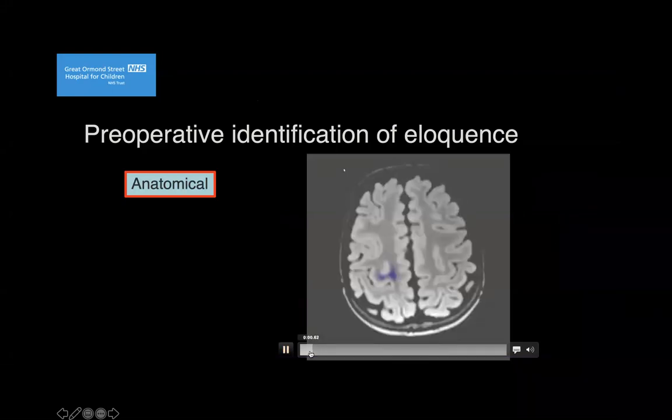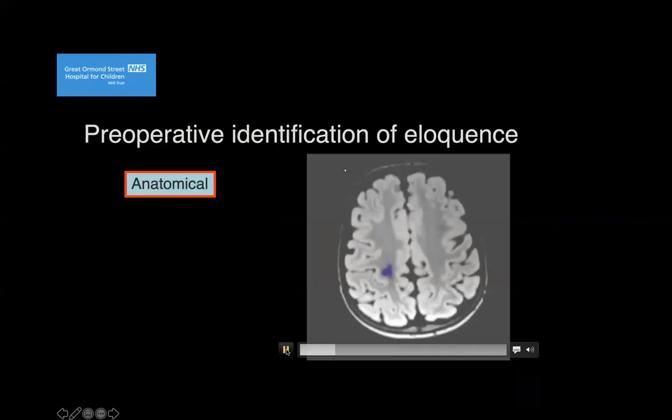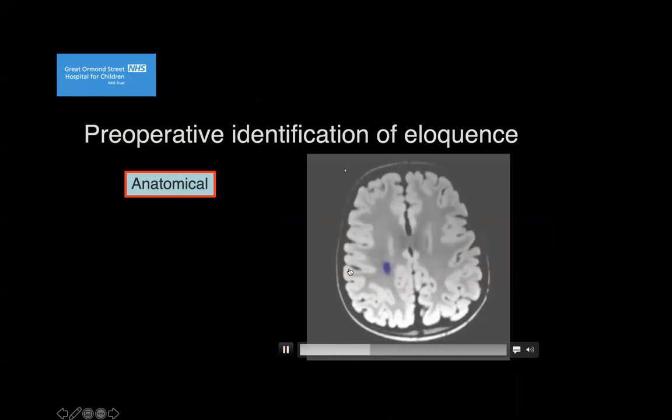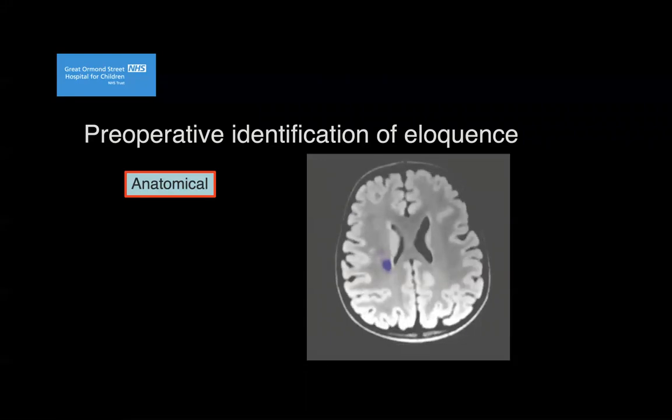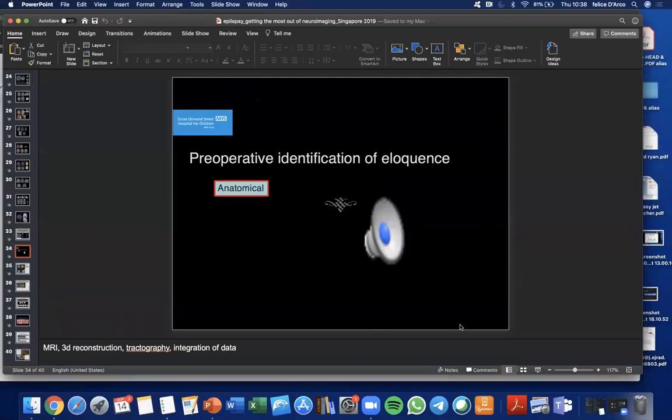So it runs very, very close here to the tract. And this means that the child will have a high risk of hemiplegia after the operation. We need to see the tract so we can understand the perioperative risk.